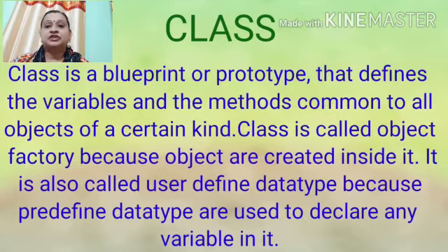So a class is called an object factory. Why? Because the objects are created inside it. It is also called a user-defined data type because predefined data types are used to declare any variable in it. So inside it, different types of data type variables are declared.